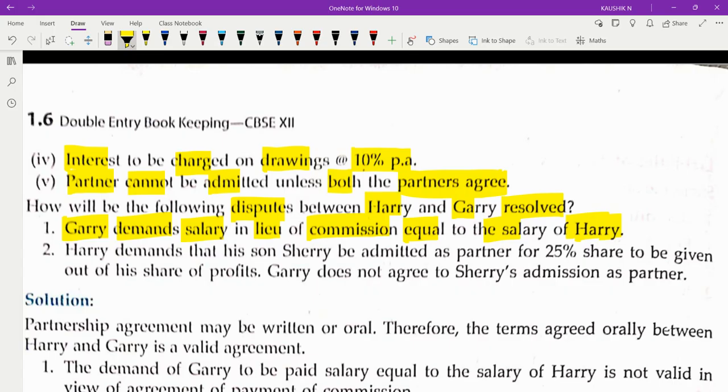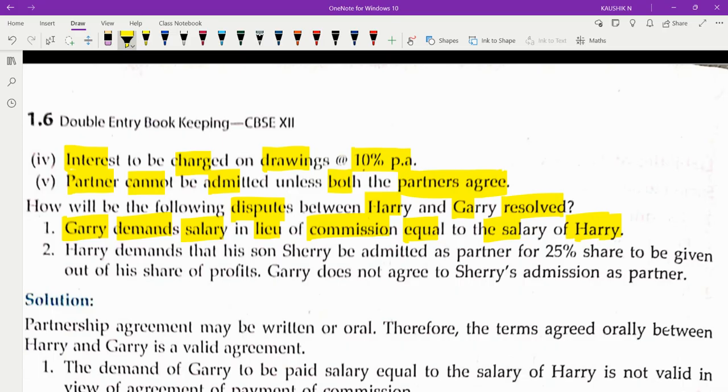Can you able to understand? So you will record in such a way, stating one line very clearly: a partnership deed can be oral or written, and both are acceptable, and it is valid. You'll mention that. But in the first dispute, you'll mention that Gary is demanding a salary in lieu of commission equal to the salary of Harry, which is not permissible.